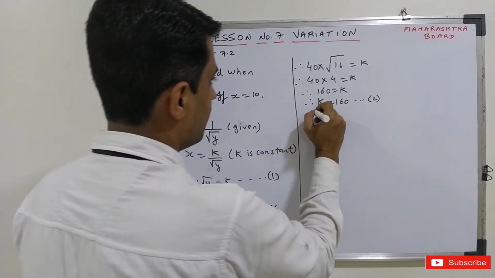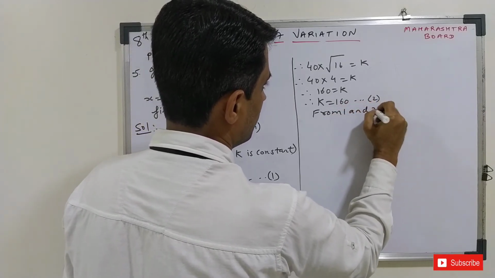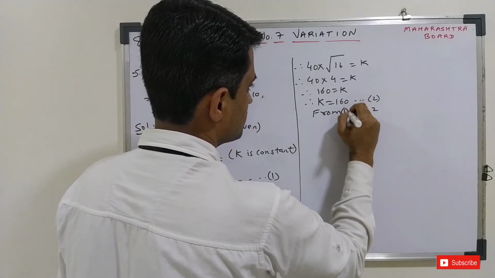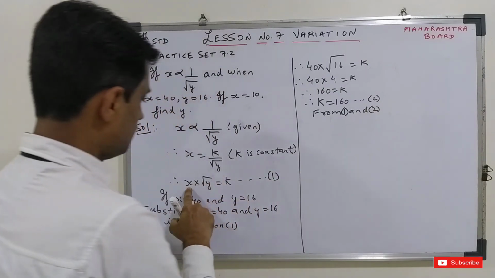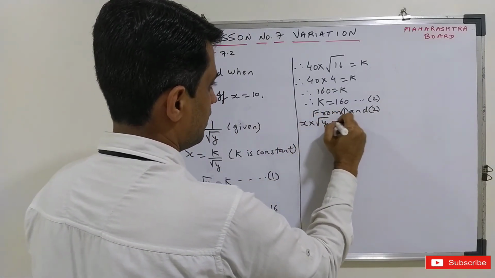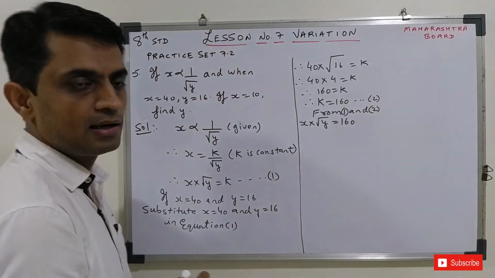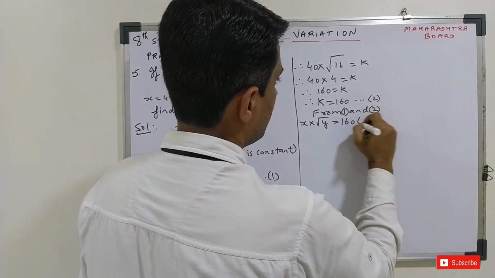So now from 1 and 2, what did we get? x into root y is equal to k. What is our k? 160. Clear? What is this called?